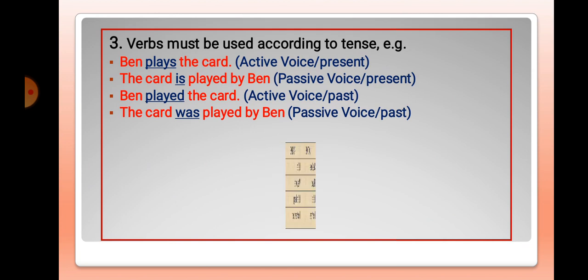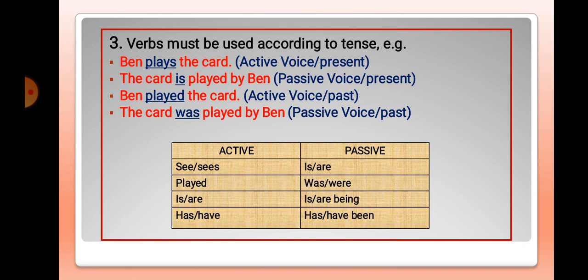Still on verbs and the tenses, we can say see becomes is seen, sees is seen. Played becomes was played or were played. Is becomes is being or are being. You can have has with has been and have with have been.